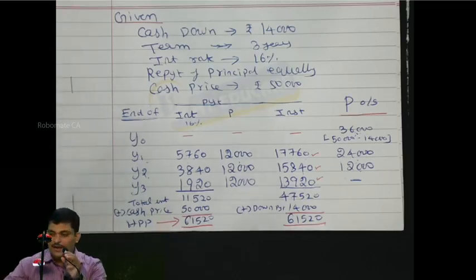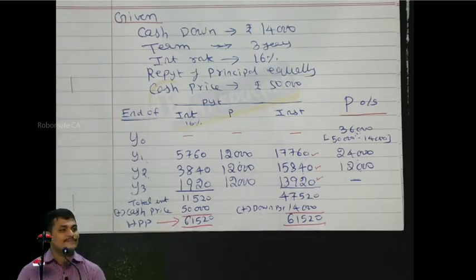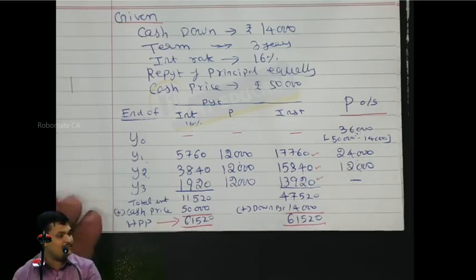Okay, settle down. Entries in the books of hire purchaser. Next part. Completed this?